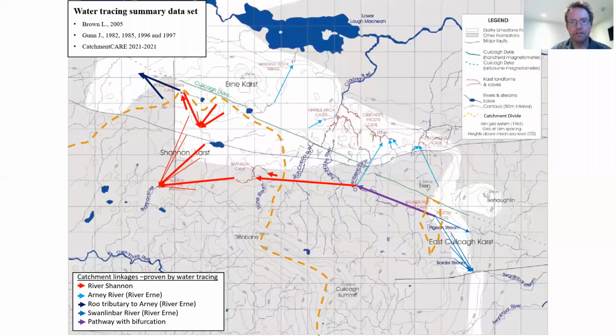So on the back of this research, we can show that we've revised the boundary of the catchment between the River Erne, in particular the tributary of the Rue, the tributary of the Arney, and the River Shannon. But we've also shown that it's very complex and it changes. The groundwater divide changes depending on the conditions of the stream. So in high flow, the divide is different to when it is in low flow. So essentially, the flow in the aquifer becomes very complicated during those stormwater events.